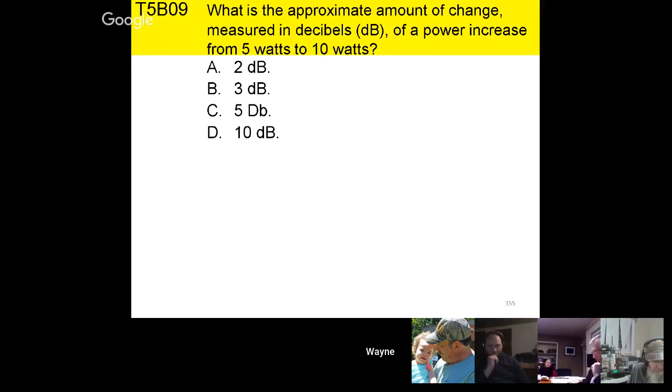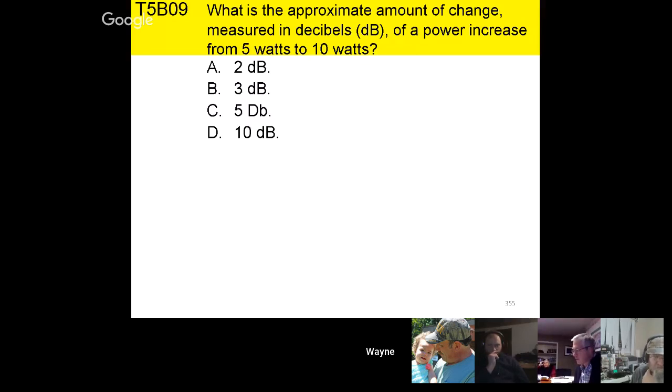Okay, what is the approximate amount of change measured in decibels of a power increase from 5 watts to 10 watts? Now we get into a little bit of calculation as far as power measured in decibels. You're going from 5 watts to 10 watts, so you're actually doubling the power.